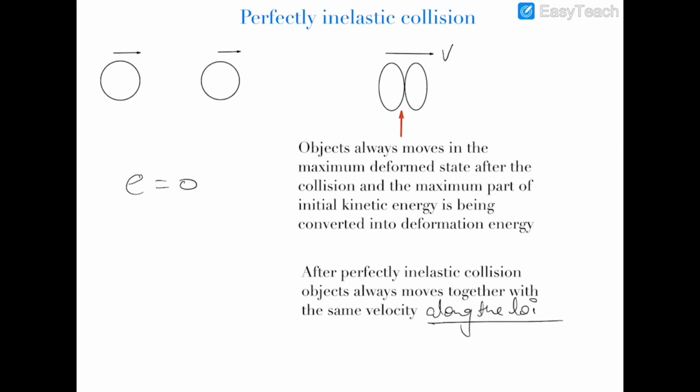But it is obvious that the loss is not complete, as the system is finally still moving. So the kinetic energy of the system finally is not zero. We cannot say that the whole amount of kinetic energy is lost to deformation energy, sound and light. So the loss of kinetic energy is maximum, but it is not 100%. So this is the perfectly inelastic collision.